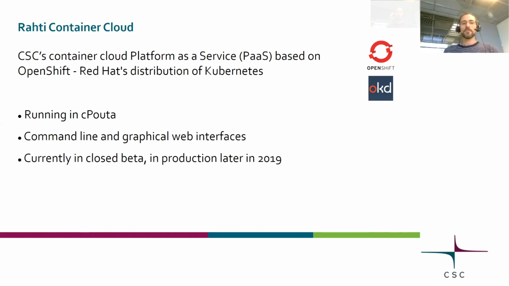But more about Rahti, this is actually a platform that is built on top of CPouta. So basically, if you have enough resources, you could get your own Rahti-like or Kubernetes application installed in PouTA. But that would be a waste of resources because it's already done for you.